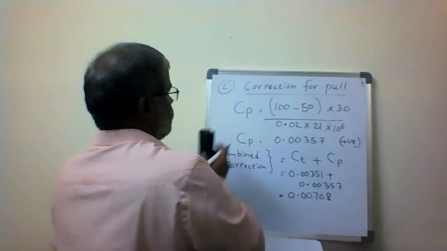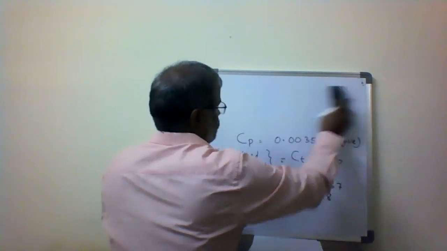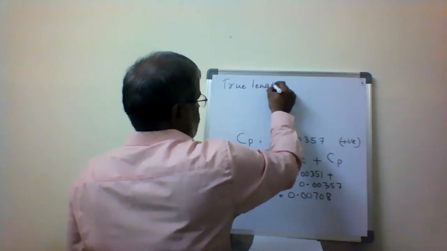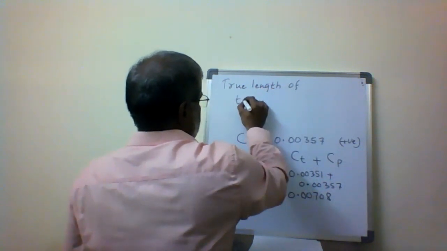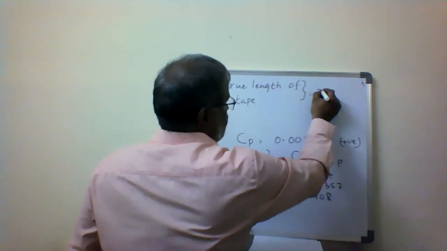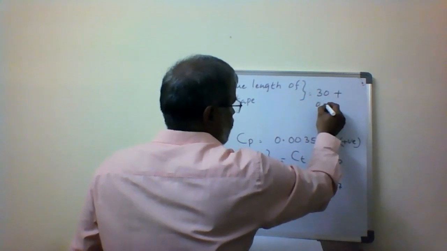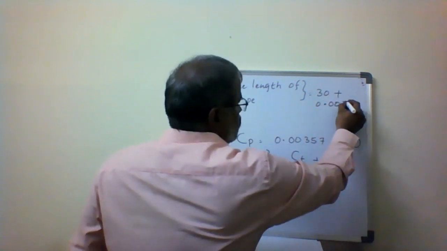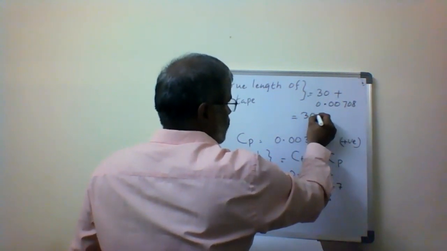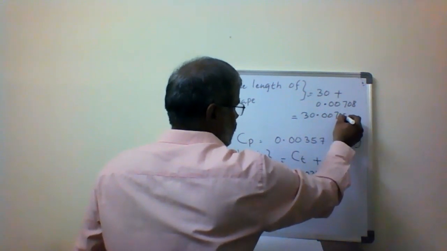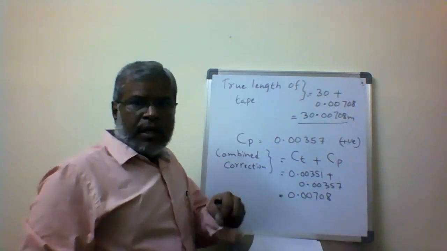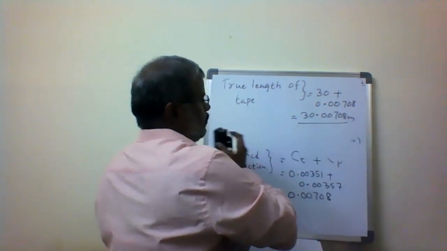What is the true length? The true length of the tape is 30 plus 0.00708, which equals 30.00708. This is the correct length of the tape.